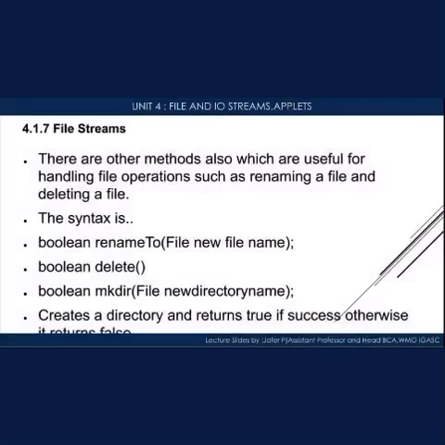You have to specify the file name inside the brackets. The return type of this method is boolean, so it may be true or false. When it renames to the new file name successfully, you will get true, otherwise false.